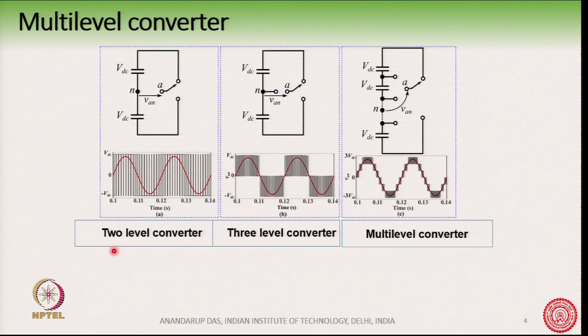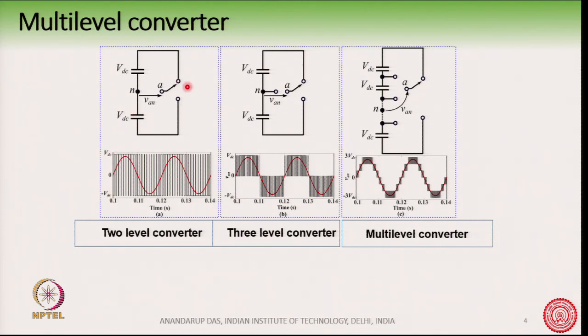We have already covered the 2-level converter, where we had seen that the pole voltage, that is the voltage of A with respect to N, the negative of the DC bus, can assume two voltage levels. It can be 0 or Vd, and if you take the midpoint as the reference, then it will be plus Vdc and minus Vdc.